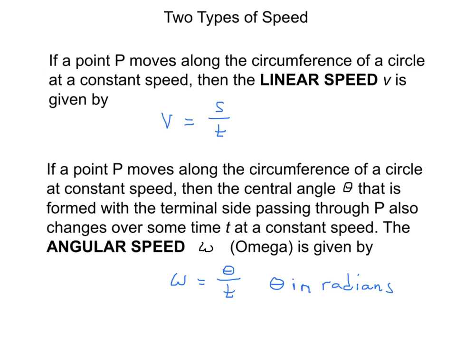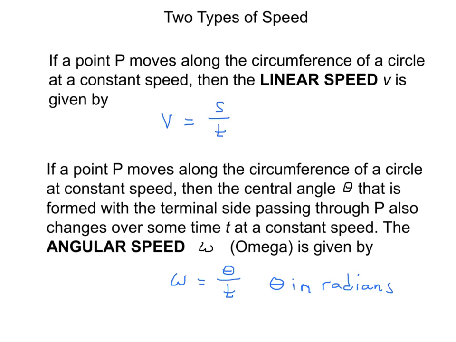Now let's take a look at the 2 types of speed that you're going to have to work with. The first one is what's called linear speed. If you have a point P that's moving along the circumference of a circle at a constant speed, then the linear speed, which we use v for, sometimes people will think of it as velocity, but we're going to use it as linear speed right now, is given by v equals s, the arc length, over t.